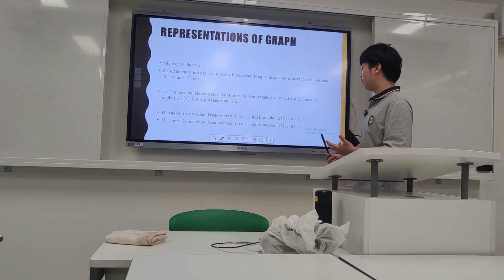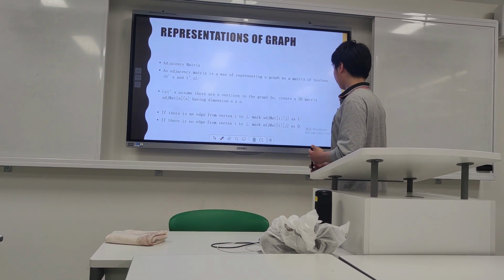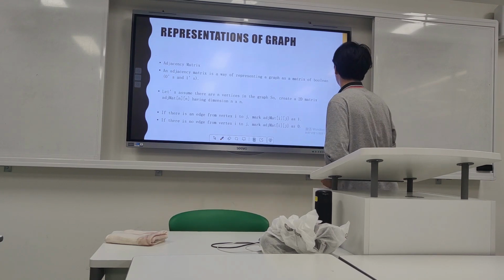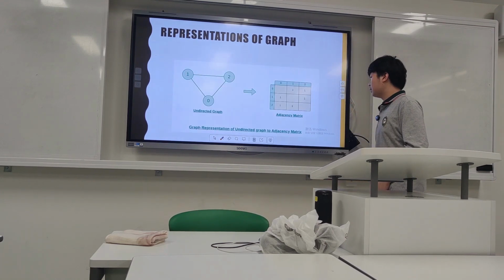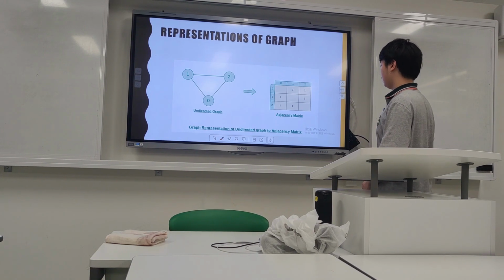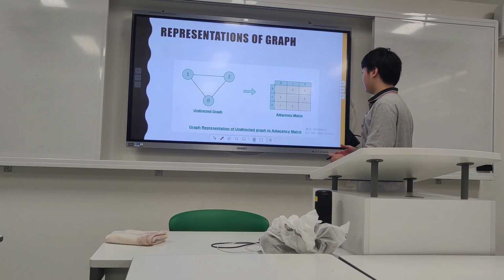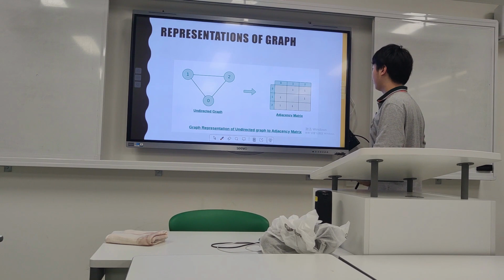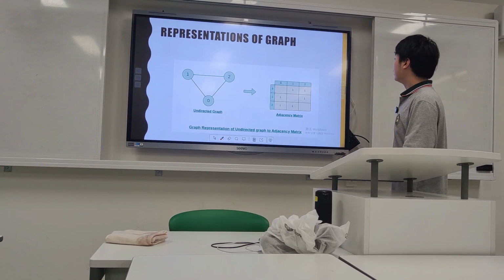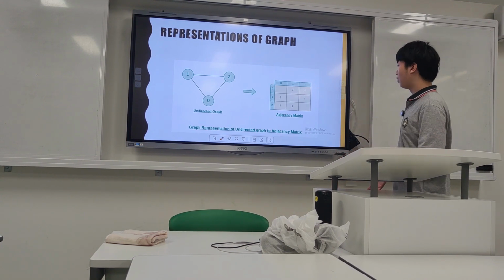And if there is no edge from vertex i to j, we just mark it as 0. We'll take two different examples, an undirected graph and a directed graph, to show how we use the adjacency matrix to store the graph.